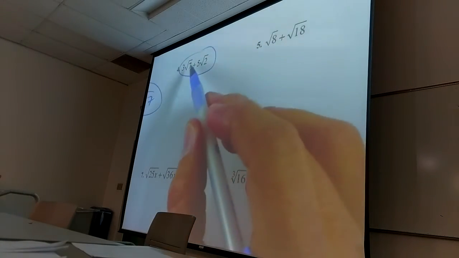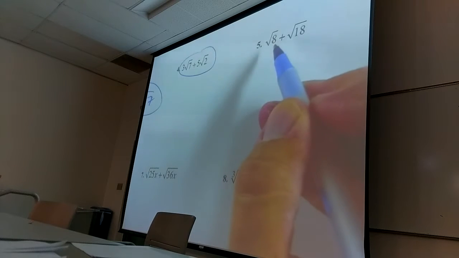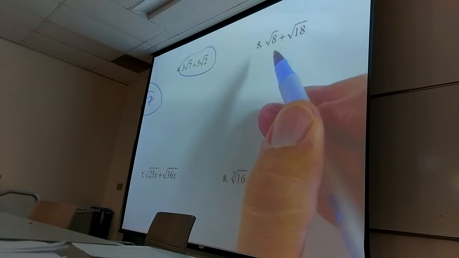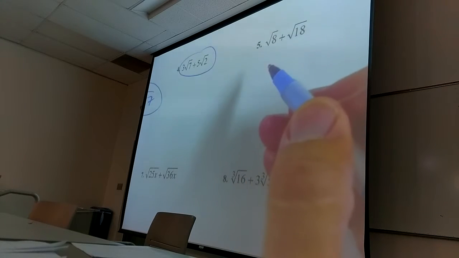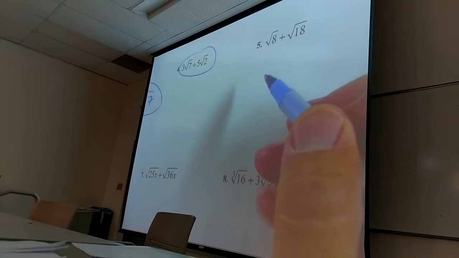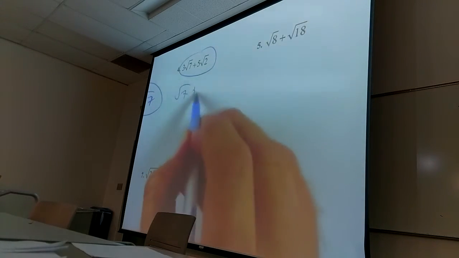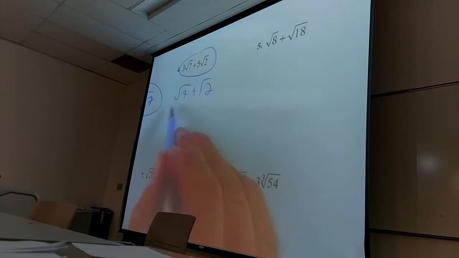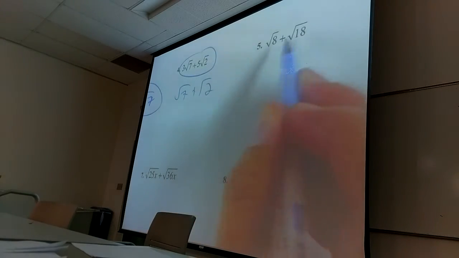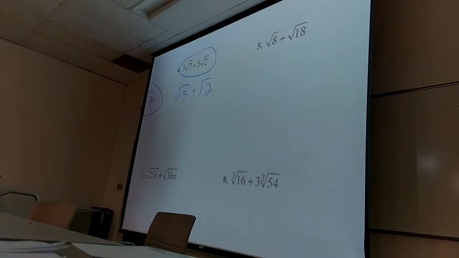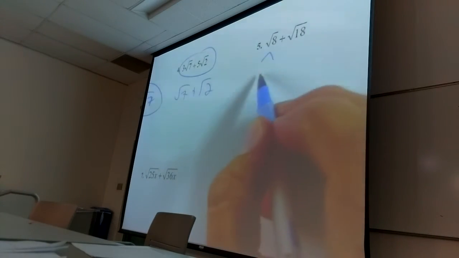What's the difference between number 4 and number 5 then? Number 5, I could do something. I really want you to realize, if this would have been square root of 7 plus square root of 2, I still couldn't do anything here because they're not like terms. Here they're not like terms, but each one of them I can break up.